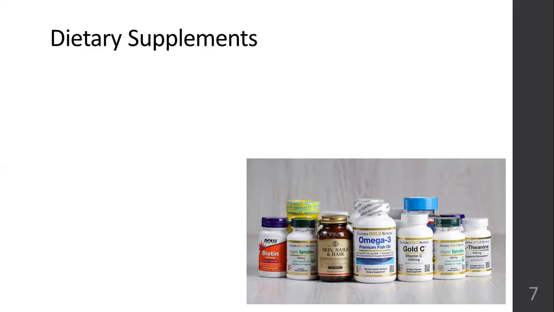They can come in various forms. You have herbal supplements like spirulina and ashwagandha. All of these come under herbal supplements. Then you have bodybuilding products, protein powders, collagen powders. They all come under bodybuilding products.